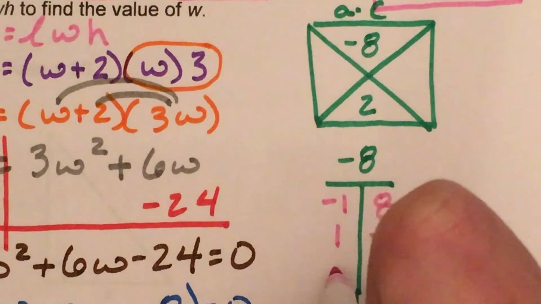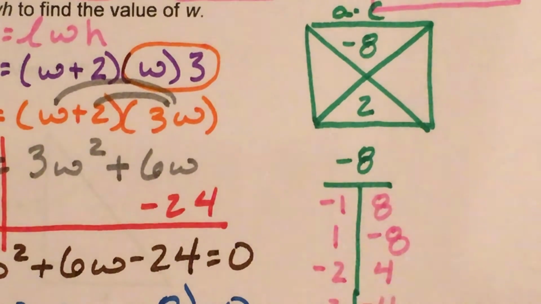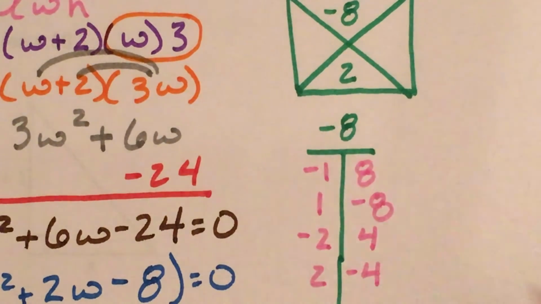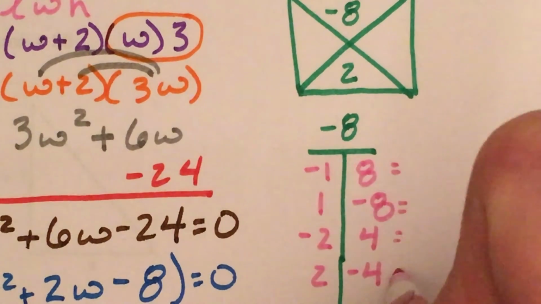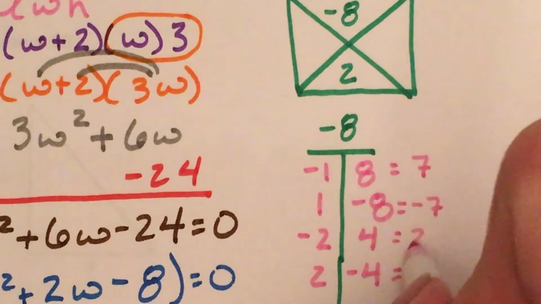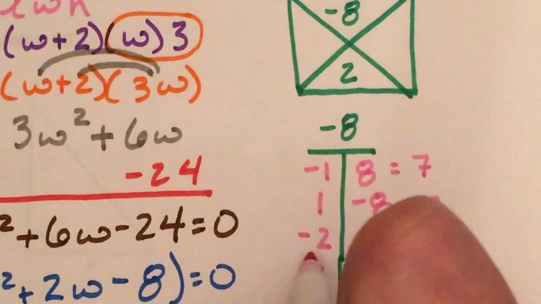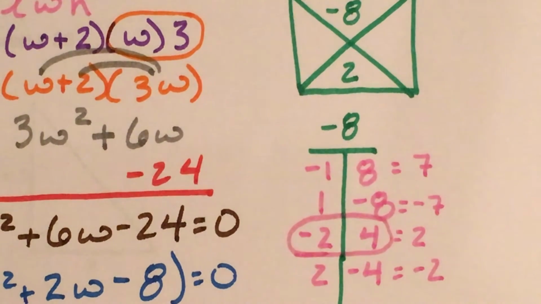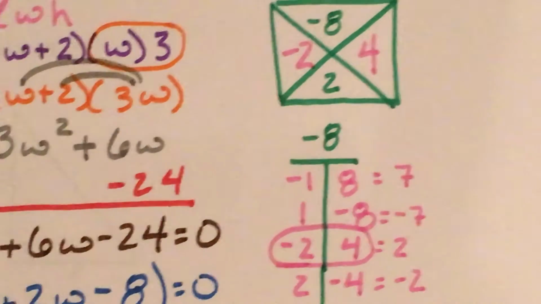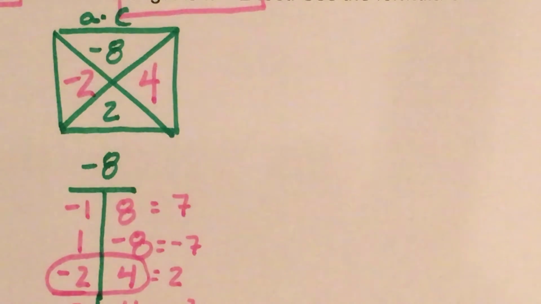Okay, so we have a -8. Remember, that tells us that the negative is sliding back and forth, alternating sides on my t-table. We need to figure out which pair is going to work for us. Which pair is it? Good job. -2, +4. That gets us what we need. Let's go build our binomials.